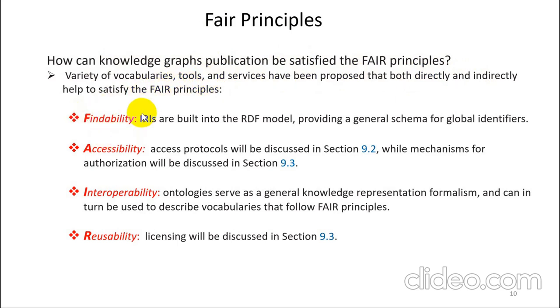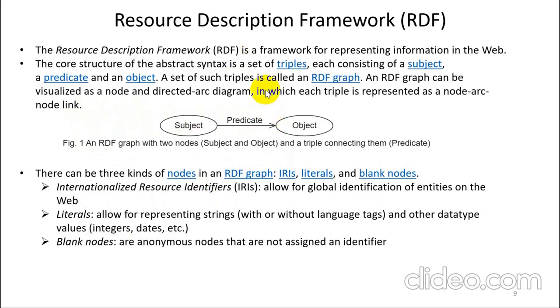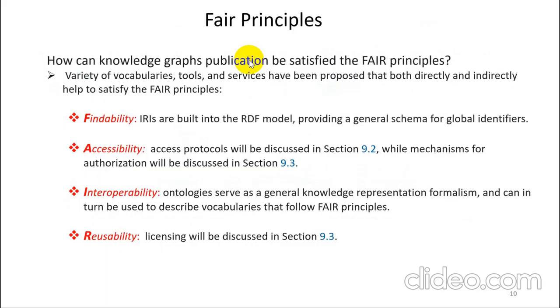In terms of findability, the IRIs are built into the RDF model, and IRI and RDF model are the terms as I defined here. Under this, they can provide the general schema for global identifiers.